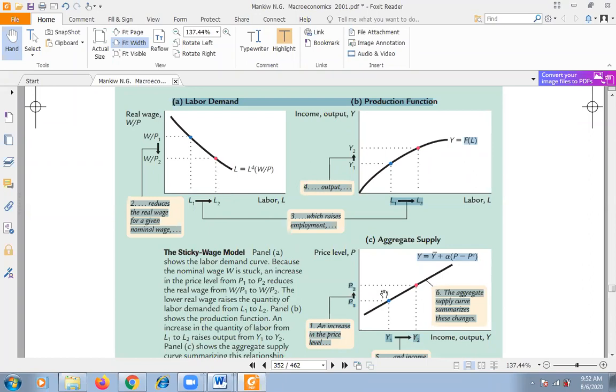And one thing is very clear. In the last lecture, we derived the aggregate supply curve under the flexible price model. This aggregate supply curve is under the sticky wage model.